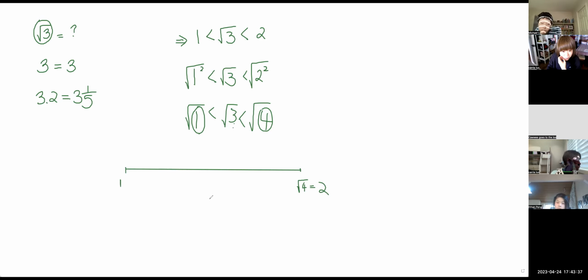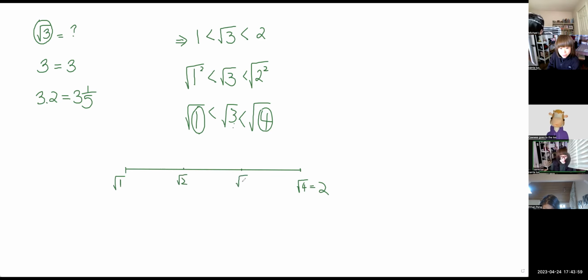Okay, so if I put, no, 不会放到这里面去。So square root 1, square root 2, square root 3, and square root 4. Do you understand, everybody? Do you understand what I'm doing? Yep. Okay. So if you understand, so this one equals 1.